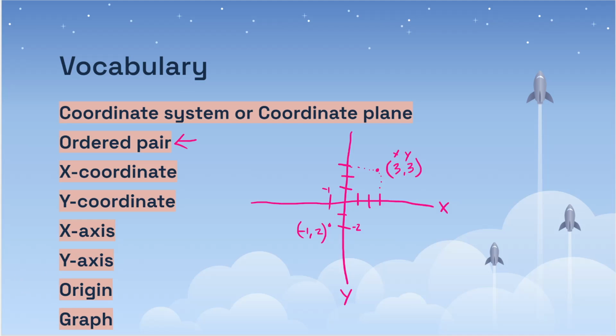And so, here we have it. The origin is right here. 0, 0 is the origin. That's the middle of the coordinate plane at the 0 x coordinate, 0 y coordinate.